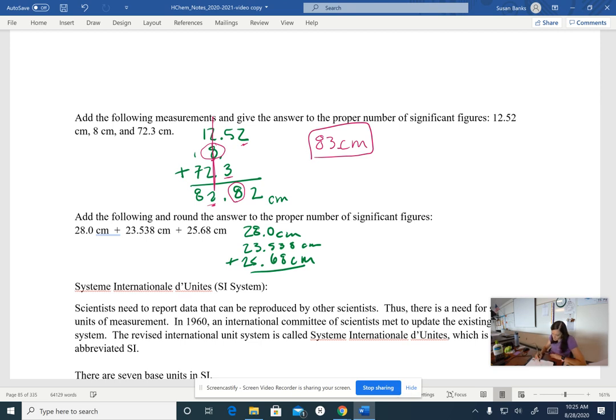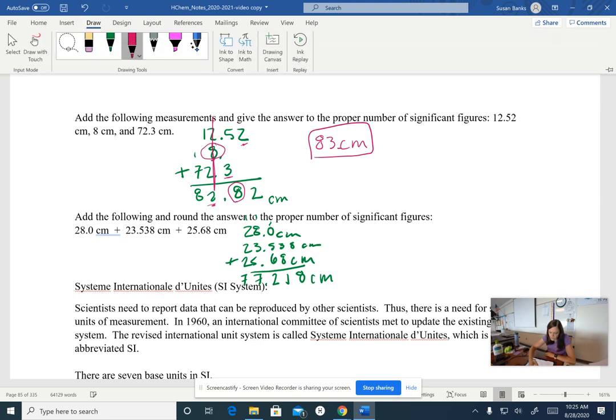So I'm going to add this all up. In the thousandths place, I only have the 8. In the hundredths place, 3 plus 8 gives me 11. I'm going to carry that 1. 1 plus 5 is 6, plus 6 more is 12. Carry the 1 here. 9 plus 3 is 12, plus 5 more is 17. Carry the 1. Let's see, that will give me 7. And at that point, your math teacher is going, yay!